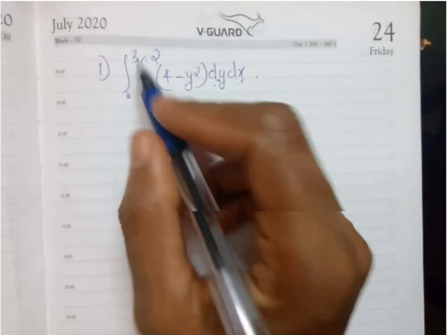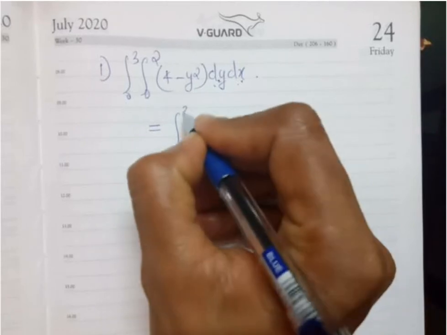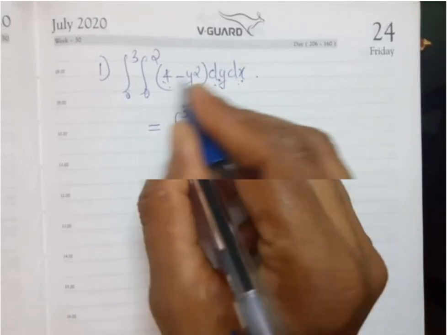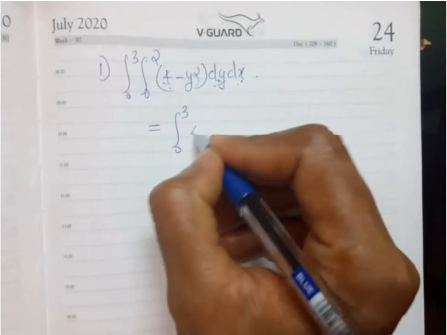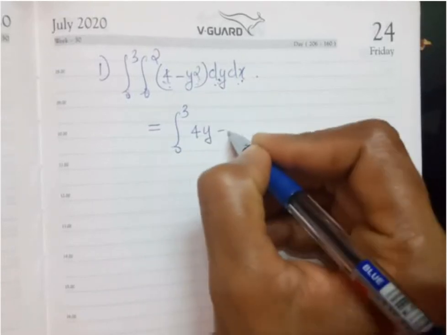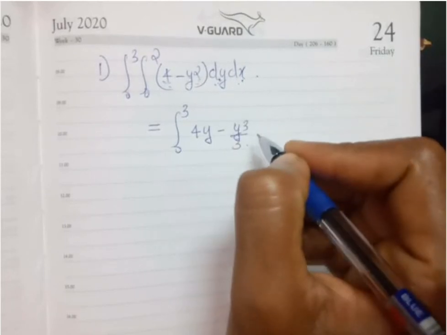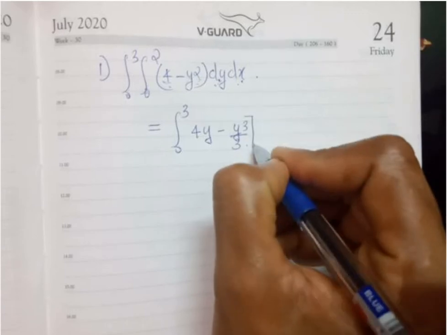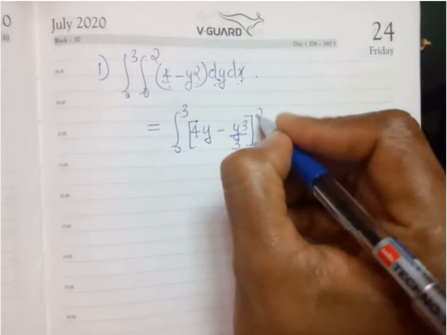So first, integrate 4 minus y square with respect to y. That is 4y minus y cube by 3, with the limit of integration varying from 0 to 2, into dx.